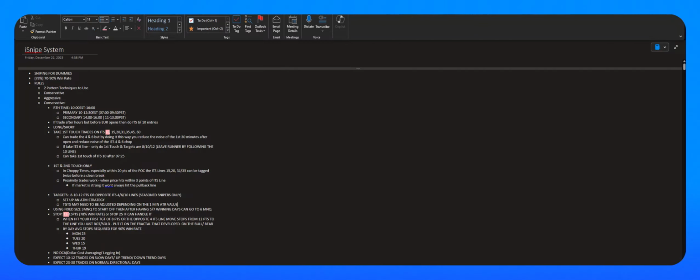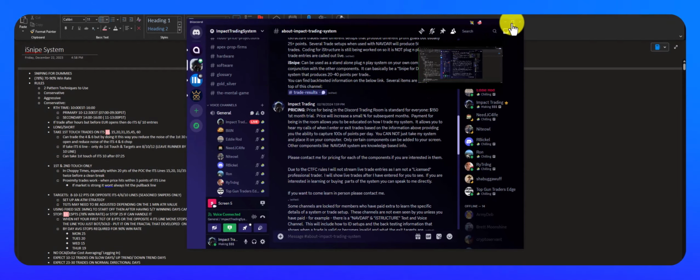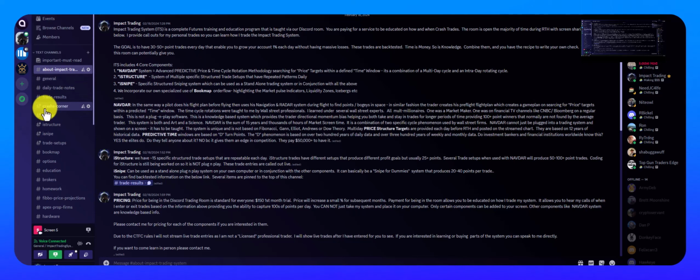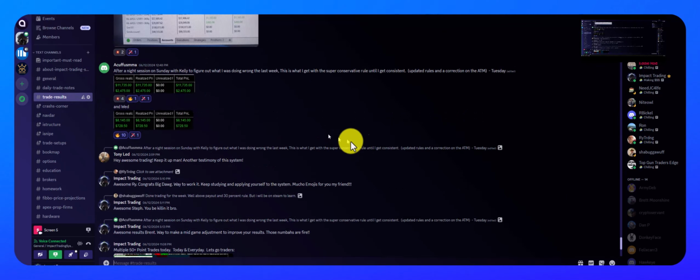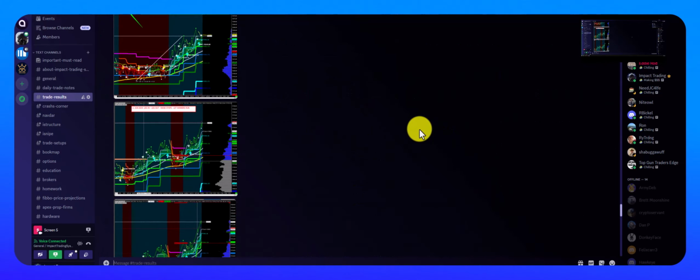Okay, if you want to see some of the results that we get, what you basically do is you come up here to the trade results room. I don't let anybody take pictures unless it's 50 points or better, or pictures of their certificates of what they've passed.